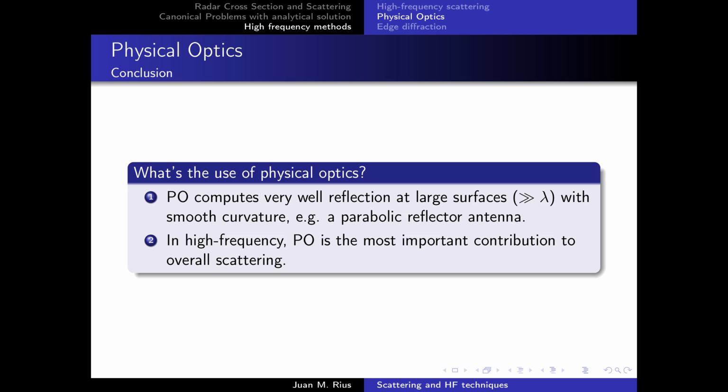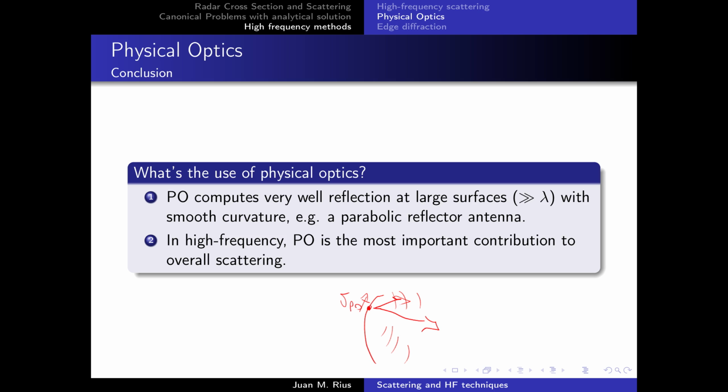And physical optics is very, very good. You have your feeder, you compute the incident field on the surface of the reflector, you compute the physical optics current, and you compute the radiation of the physical optics current. The result is very good, and physical optics has been used for many years to compute the radiation pattern of large reflectors.